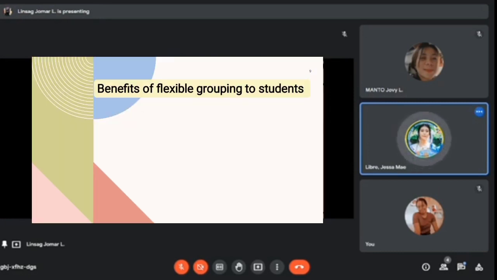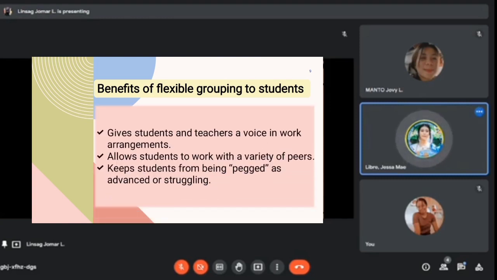Benefits of flexible grouping to students. First, it gives students and teachers a voice in work arrangements. Second, it allows students to work with a variety of peers. Third is to keep students from being pegged as advanced or struggling.